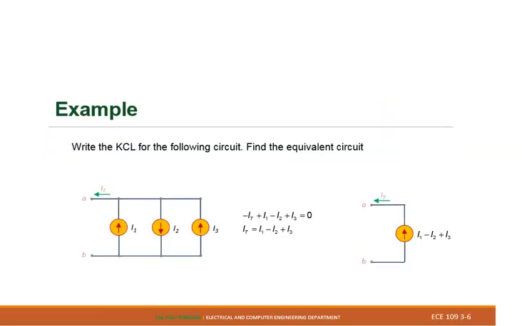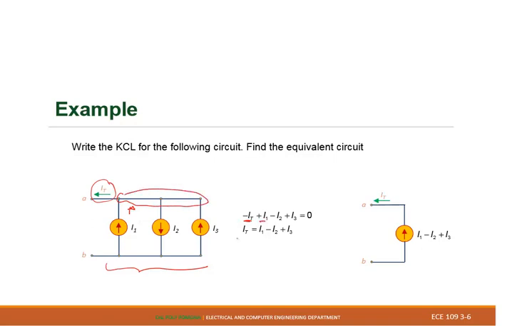Let's see if we can give an example here. In this circuit we have three current sources with different directions. We need to find I of t. I of t, or IT, is exiting, that's why I call it negative right there. I1 is entering the node, because this is my node right there.